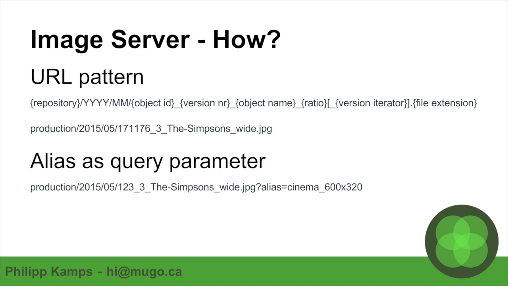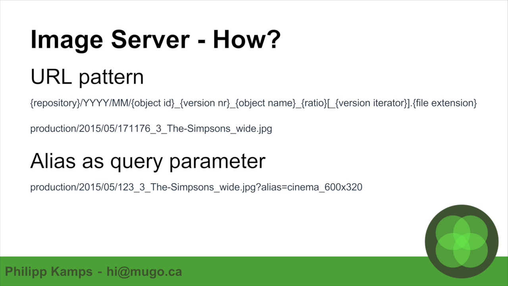Then we also use the object name of the image object in Easy Publish, and then a ratio identifier. We also need a version iterator, for example, if people keep uploading images for one specific version draft, so we run into the use case that we need a version iterator here. And at the end, the file extension.